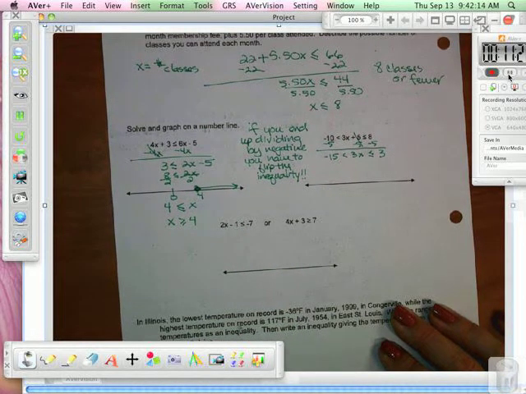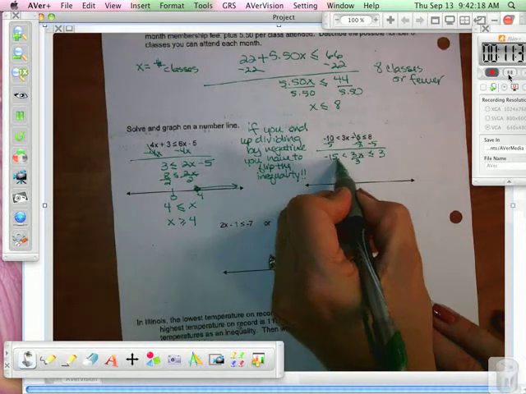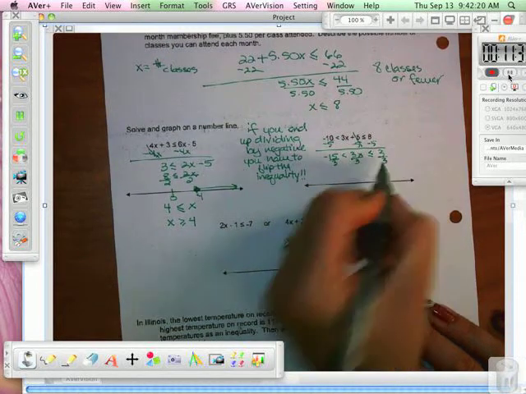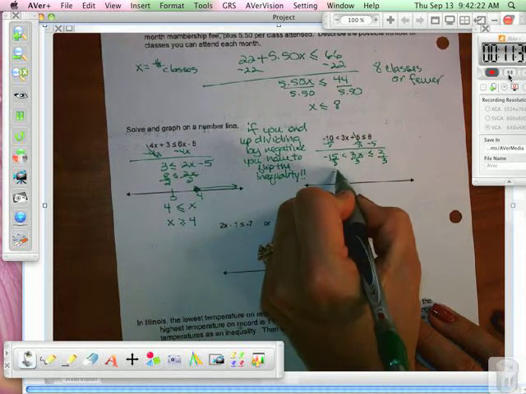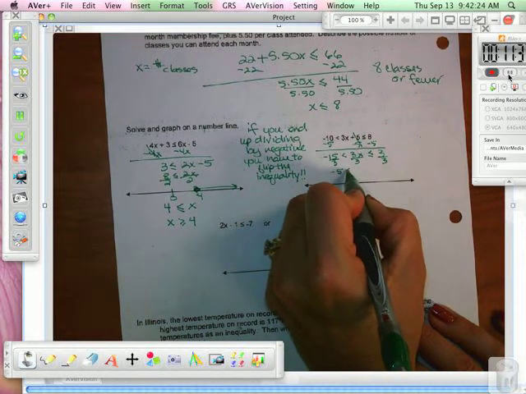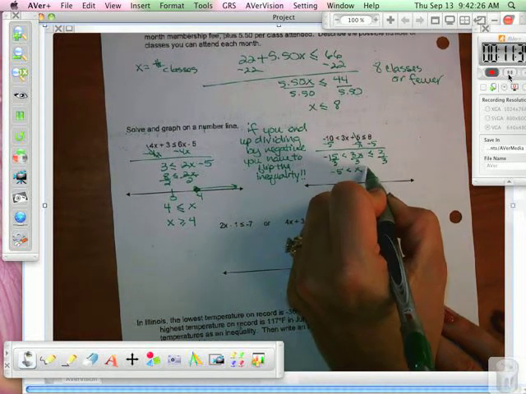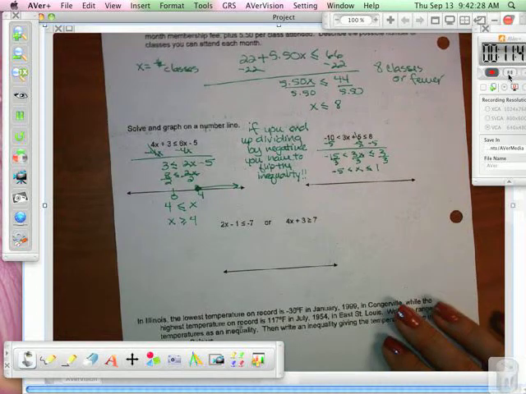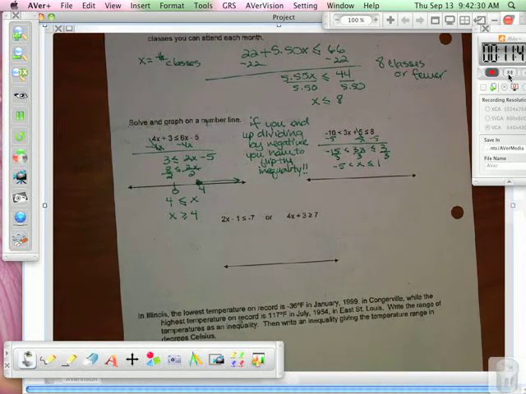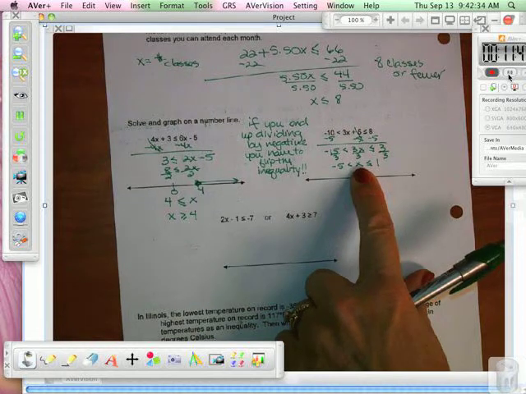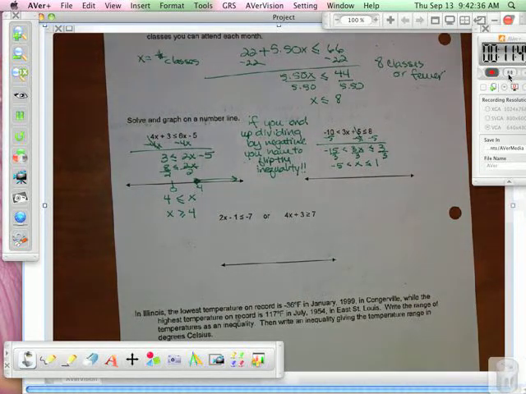And what's the next step? Divide everything by 3, each side of the inequality, and you get -5 is less than x, which is less than or equal to 1. Oh, this is greater than -5, sorry. X is greater than -5. I didn't do any switching at all, because I didn't divide by a negative. Okay.